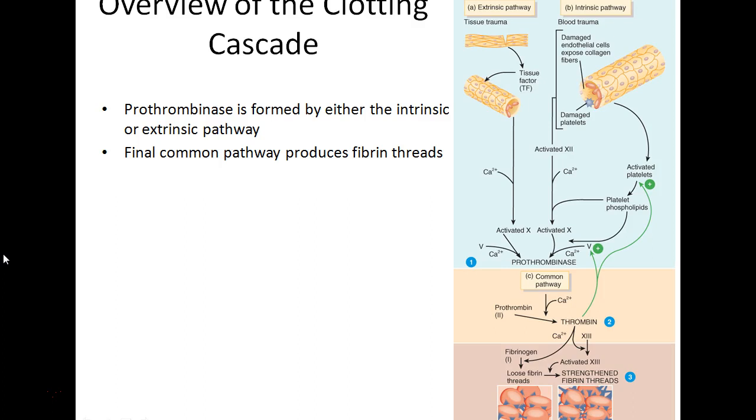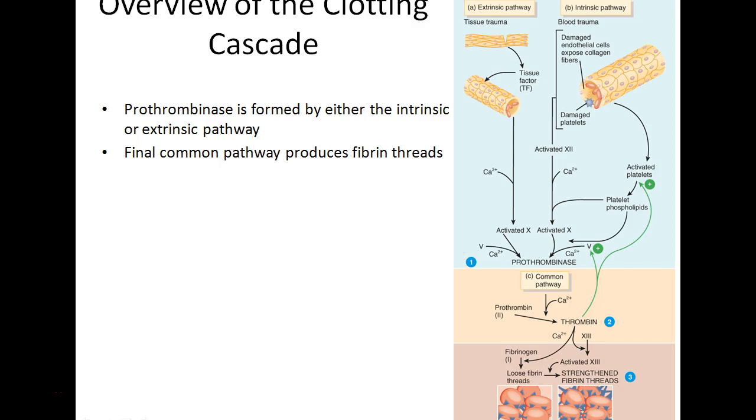This slide serves as an overview of this clotting cascade. In this diagram, we see that an intermediate step is the production of an enzyme called prothrombinase, and there's two ways we can get prothrombinase formed. One way is the extrinsic pathway, and the other is the intrinsic pathway.